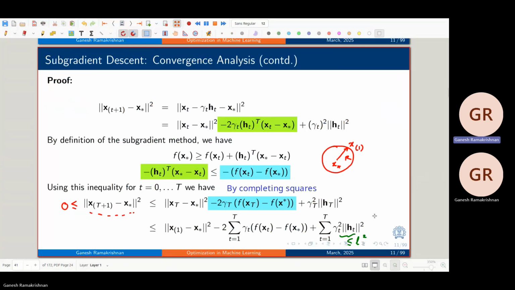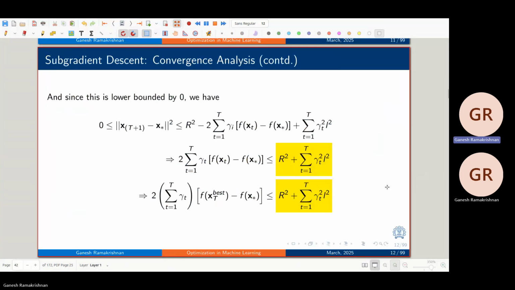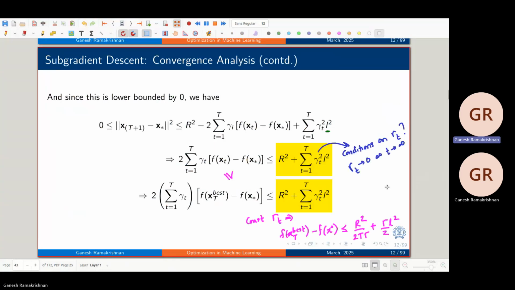We also invoke the fact that the first iterate is within radius r from the final iterate. Then the next is some kind of telescopic summing. This is the important part. When I do this summation, I get an r square plus summation of gamma square L square.